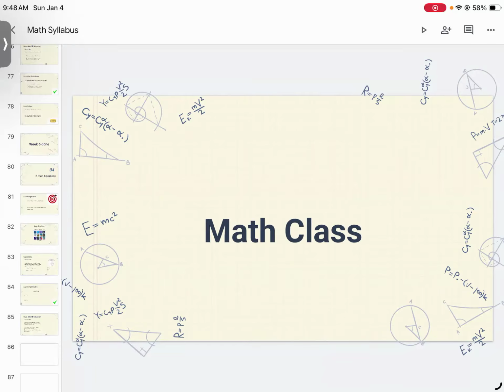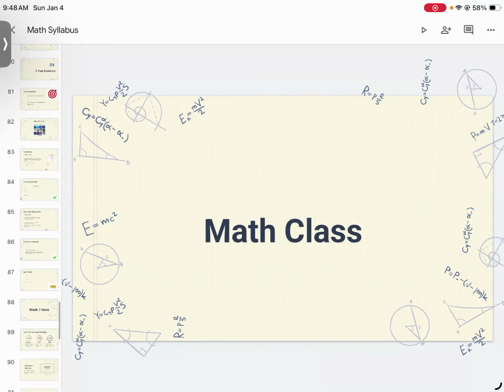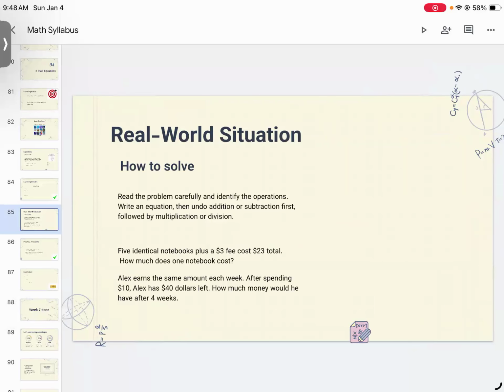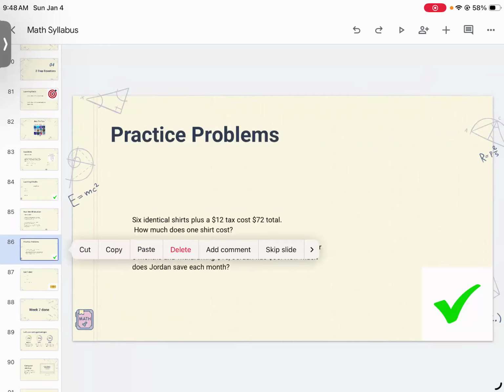So these word problems are useful because it's like real world, how you use it. Okay.